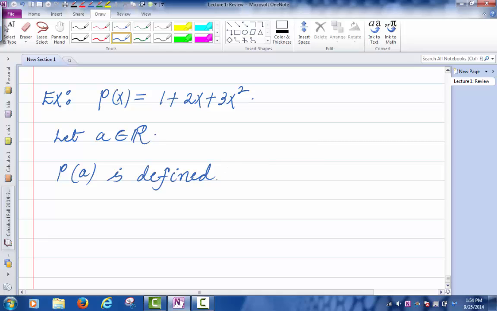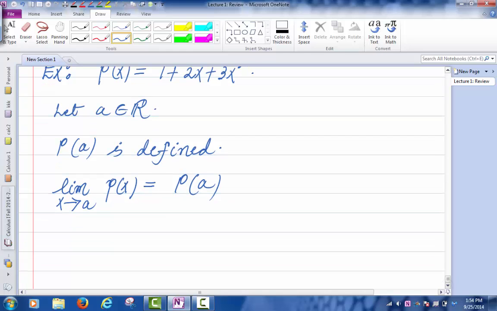Because we know that the domain of a polynomial function is what? Everything. Okay. What's the limit at a of p of x? Well, remember when we talked about limits, we said the limit of a polynomial function can be found by just plugging in the number, right? So we know already that the limit at a is the same as p of a. So both conditions of continuity are satisfied.